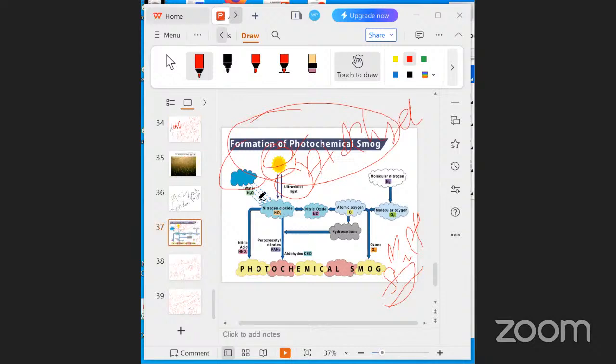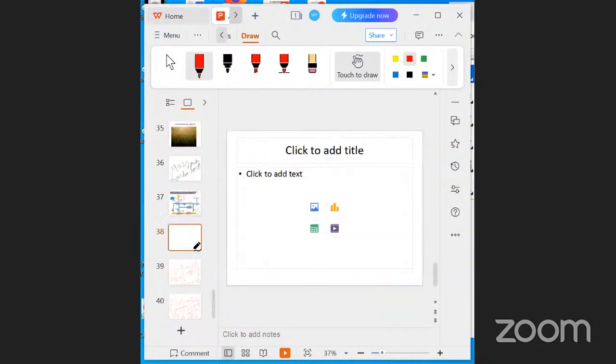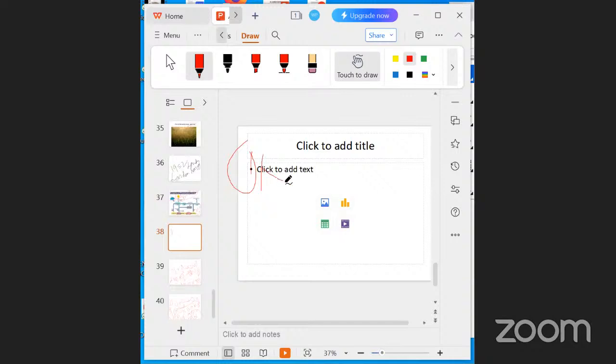Now, what are the primary pollutants of photochemical smog? The first one is nitrogen oxide, NOx.